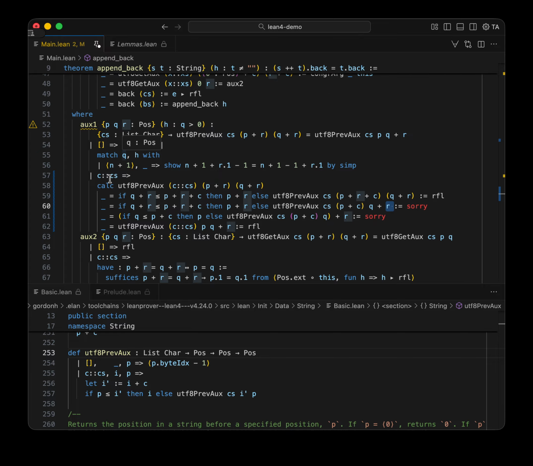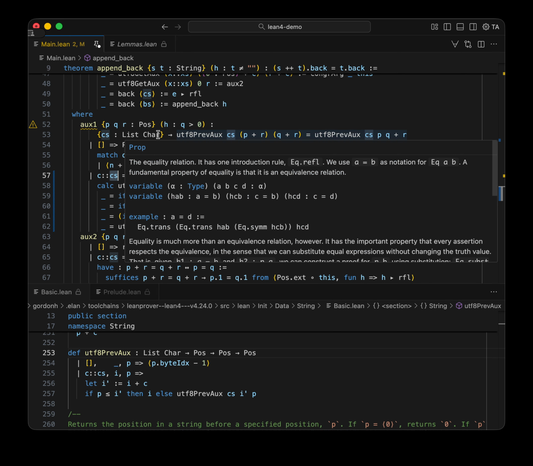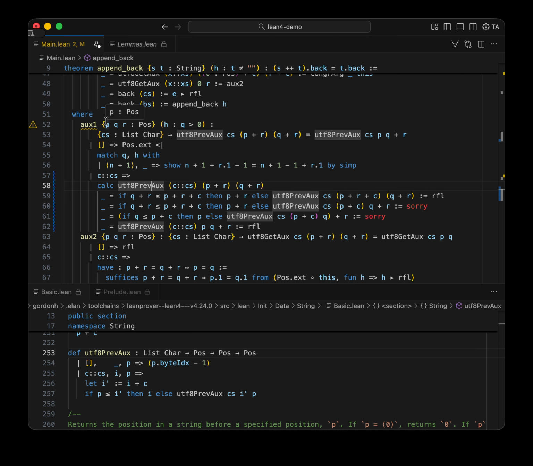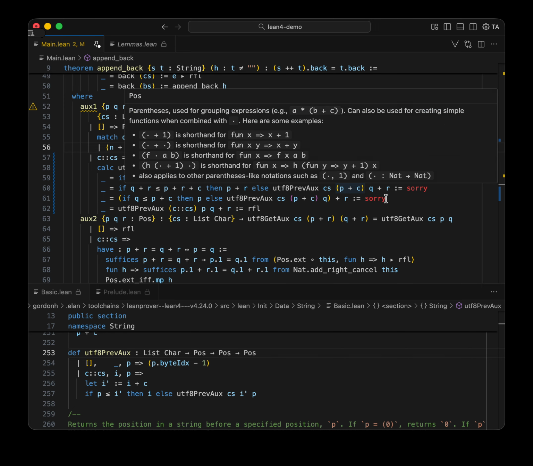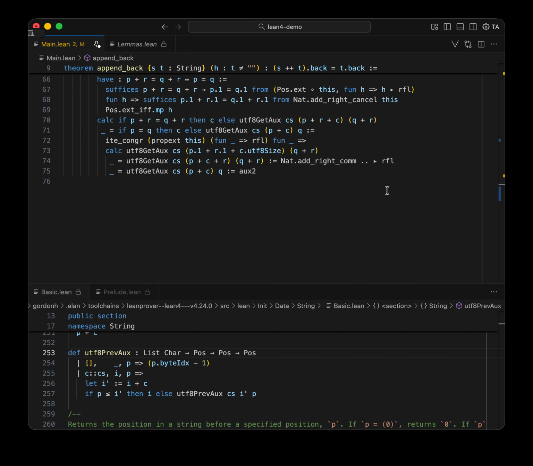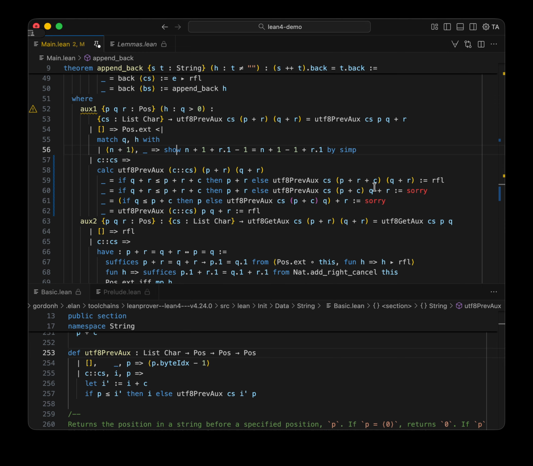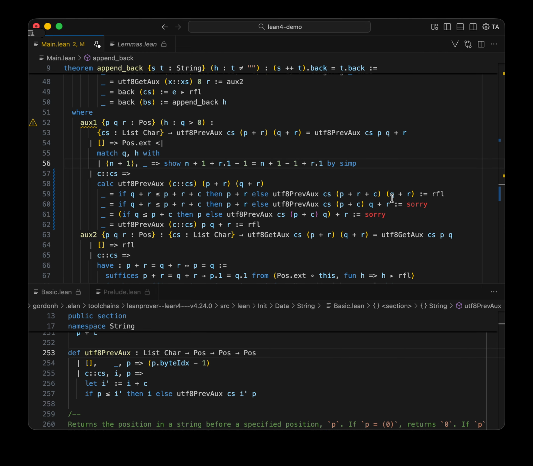We recurse back into the same auxiliary theorem, but using a smaller CS. And since P and Q are universally quantified, they can be anything. And as long as the same requirement that R being positive still holds, Q being positive still holds, then we have the theorem.